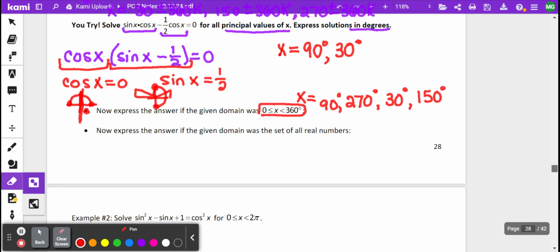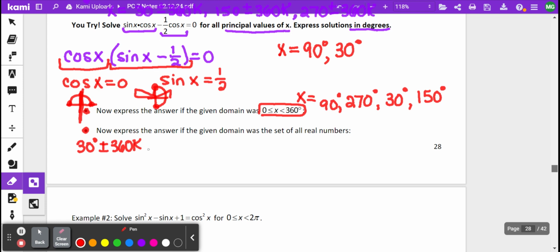Okay, so hopefully that makes sense. And once again, we were restricted to the principal values, and then we opened it up to the unit circle. Now, what if you could give a set of all real numbers for your domain? It would be all of these values plus or minus 360k. So 30 degrees plus or minus 360k.